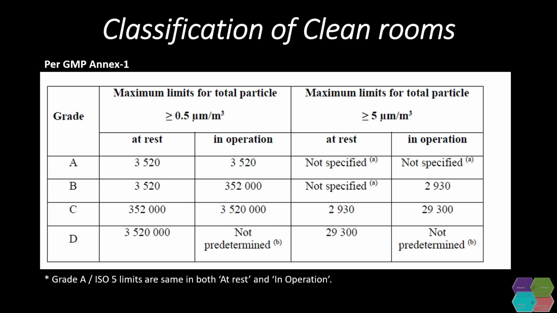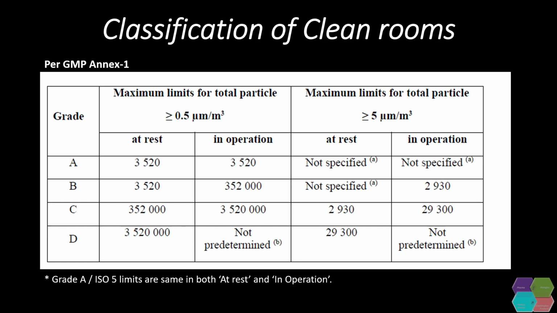For example, grade A at rest is 3520. There are 3520 particles as the upper limit per cubic meter of air. And in operation also it is 3520.